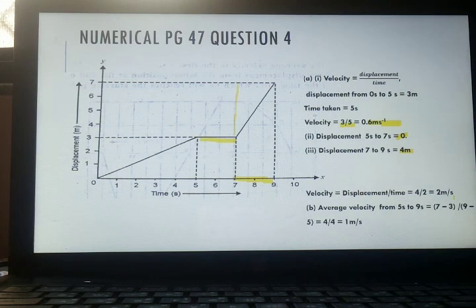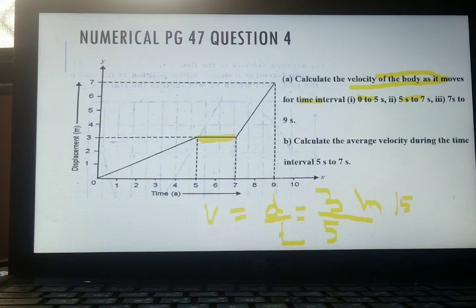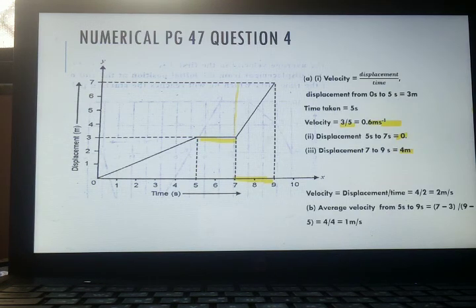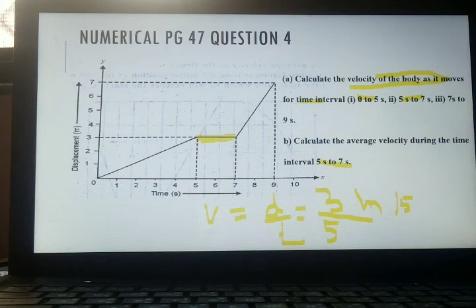What was the next question? Calculate the average velocity during the time interval from 5 second to 7 second. Sorry, over here the question is wrong, it should be 9, it shouldn't be 7. From 5 to 9 we have to calculate the average velocity.